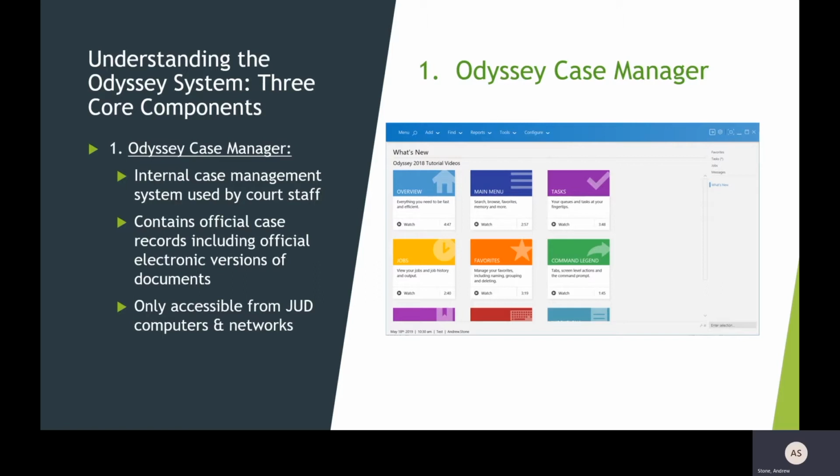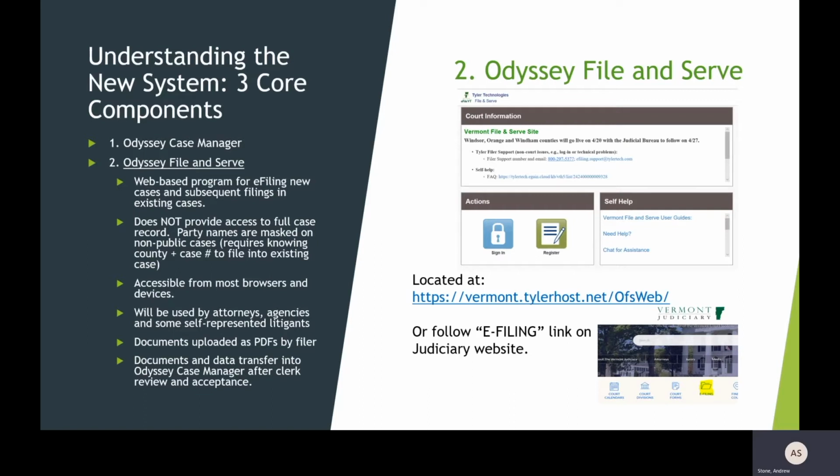So this is the internal system that only court staff are using, but it's good to be able to differentiate that. The second piece is the e-filing system, which is Odyssey File and Serve. There's been a lot of confusion about this, but the e-filing system and the public portal are two separate websites. They each do separate things.